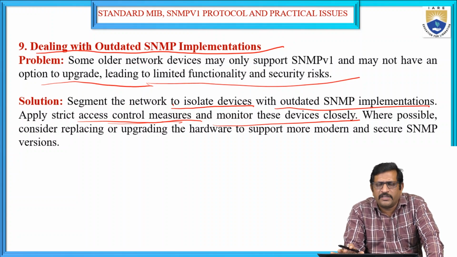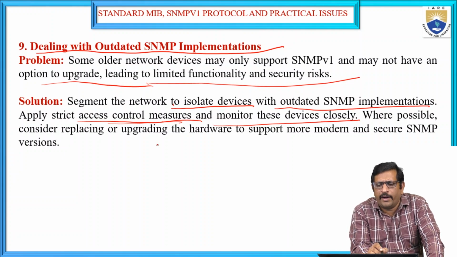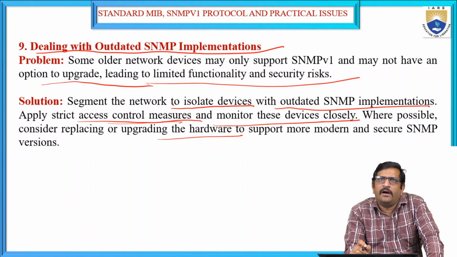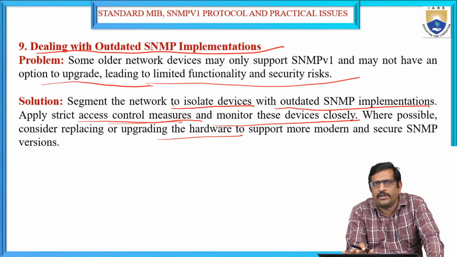The other possibility is replacing or upgrading the hardware devices. The older network devices may only support some of the protocols, and won't support all the other protocols. That's why we have to upgrade or replace the hardware, and only then can it support the advanced or enhanced versions of the protocols.